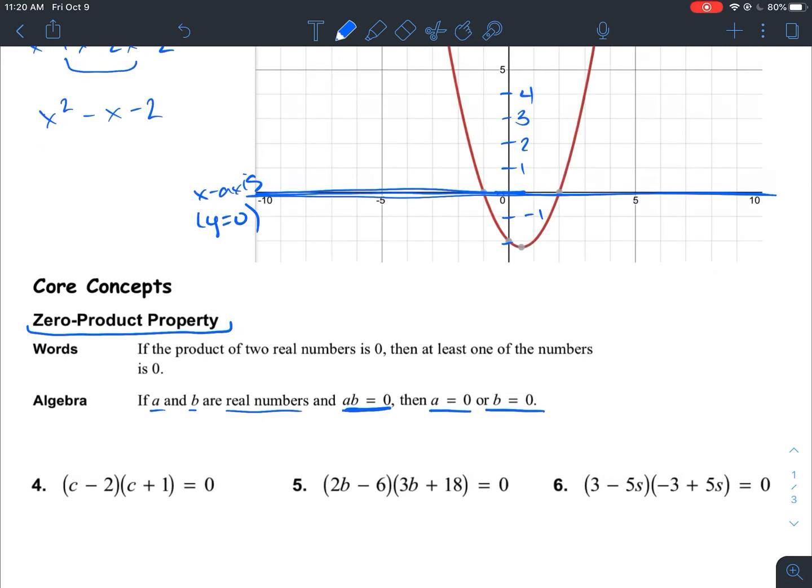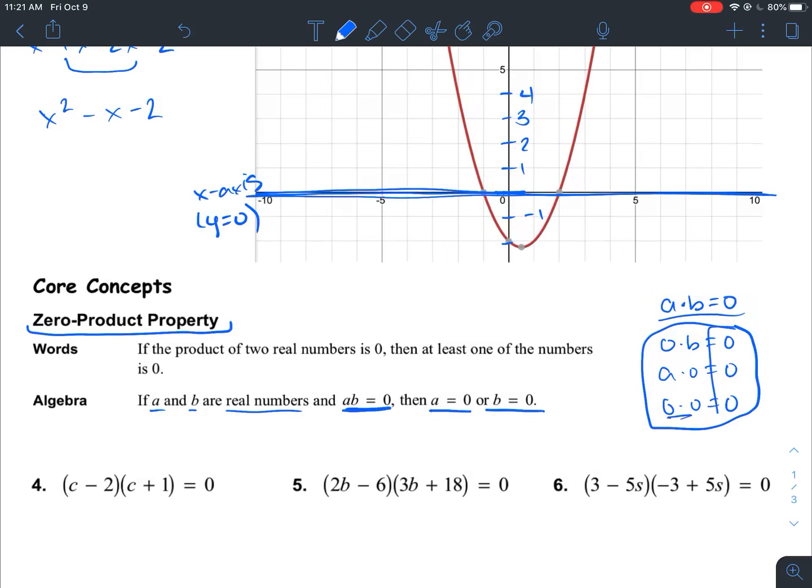Again, that makes sense, right? If I give you two numbers, a and b, and I tell you that when you multiply them together the product is 0, then your only options are 0 times b, because that equals 0, or a times 0, which equals 0, or 0 times 0, which equals 0. So either a is 0, b is 0, or both are 0 in order to get the product of 0.